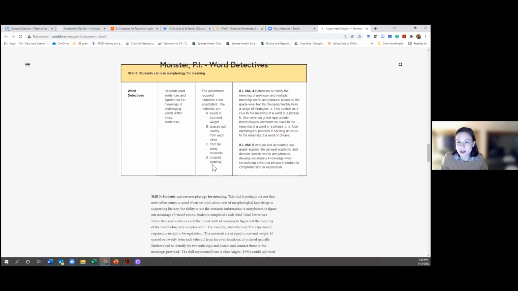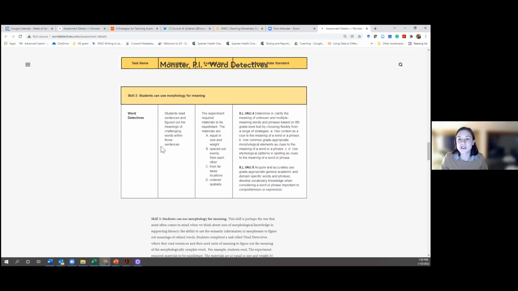So here's a couple more types of how students might continue to manipulate their morphology knowledge. They would read the sentence, the experiment required materials to be equidistant. What does that mean? The materials are A, equal in size and weight, B, spaced out evenly from each other, C, from faraway locations, or D, ordered spatially.